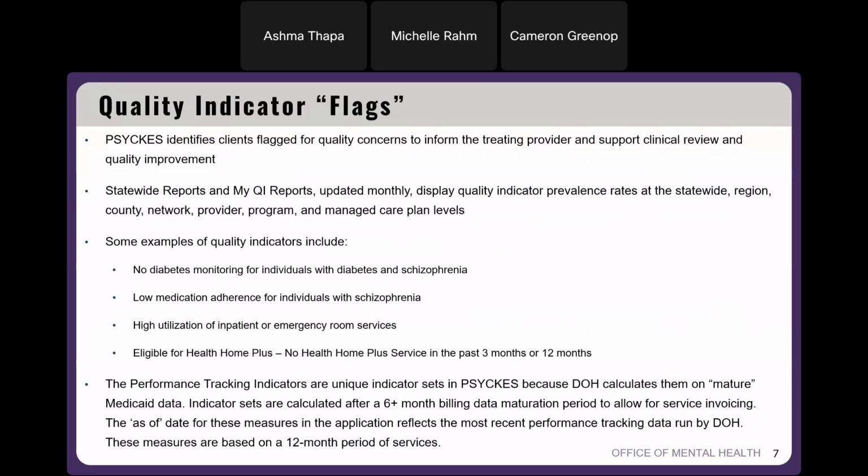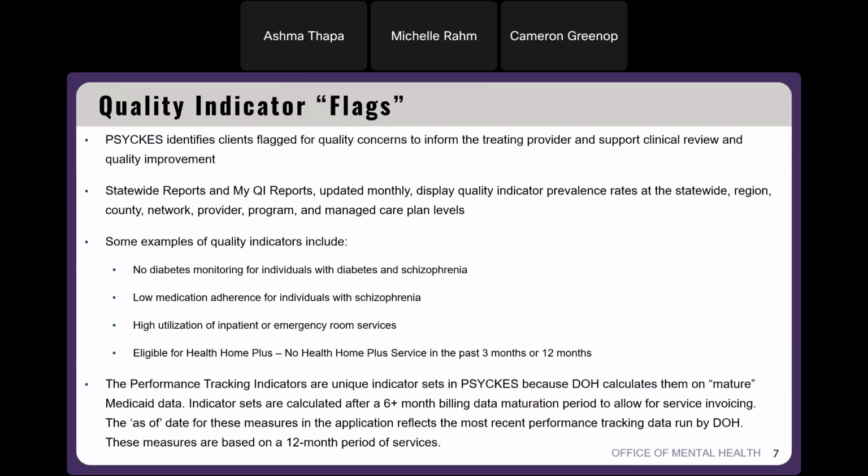This way, the client's provider, the network, their managed care plan, their local county, or even state government leadership can identify opportunities for improvement and take the necessary interventions to help those individuals. You can access this quality indicator data by reviewing the statewide reports in the MyQI reports in PSYCKES, which are both updated monthly.